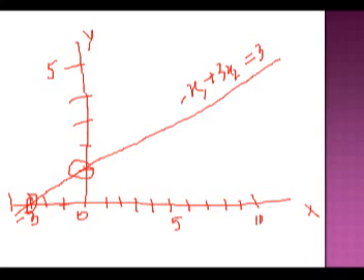Now another straight line will pass through the origin, and it will be a straight line with a tendency of 45 degrees. So this will be just in this way.